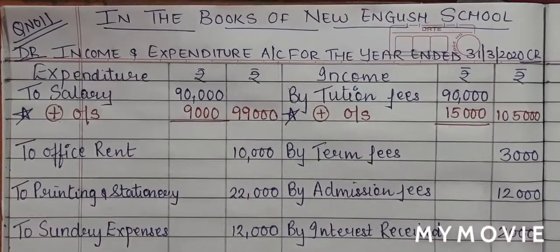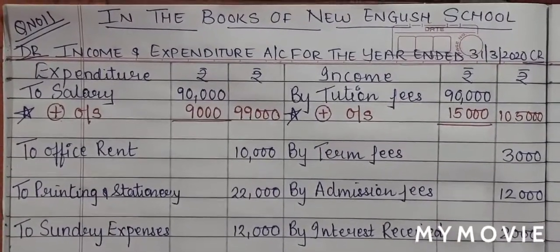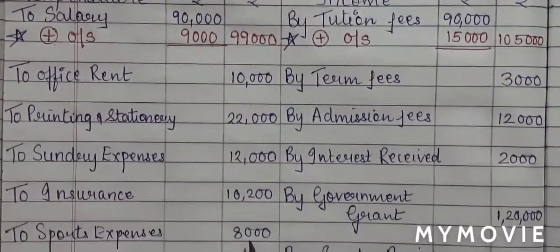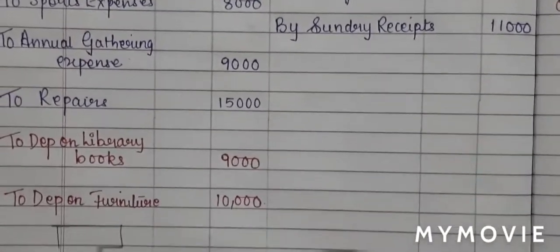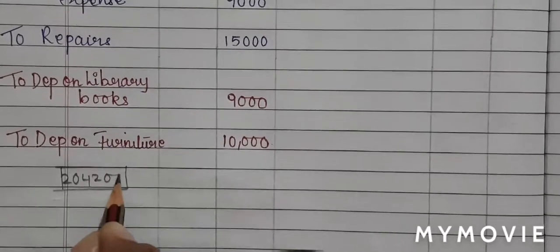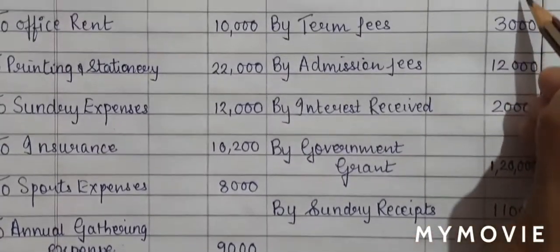Now our last step, that is step number 5, closing the books of account. We will first calculate our expenditure. When we calculate the expenditure amount, I get a total of 2,04,200. Now in the same manner, I will total the income side.